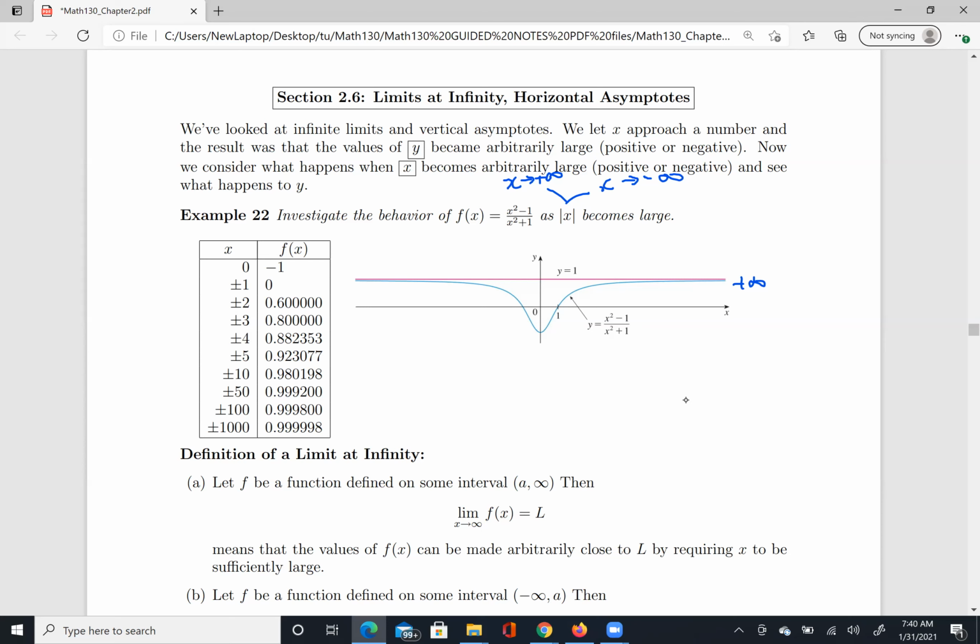So let me write that here. f(x) is getting close to this line, y equal to 1, right?